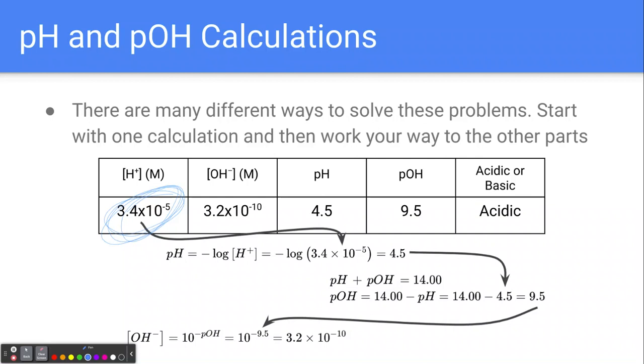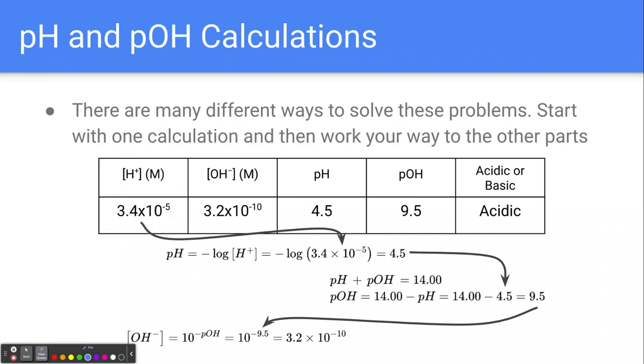My pOH at this point is 9.5. And then lastly, I'm going to use that 9.5 of my pOH to figure out my hydroxide concentration. My hydroxide concentration here is 10 to the negative 9.5, or 3.2 times 10 to the negative 10th. Because my pH is less than 7, I'm acidic.